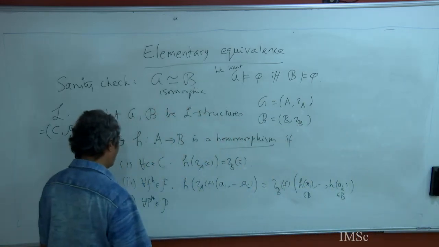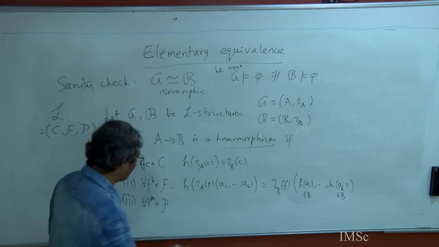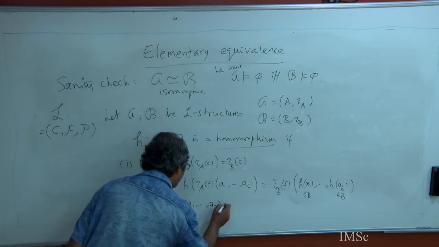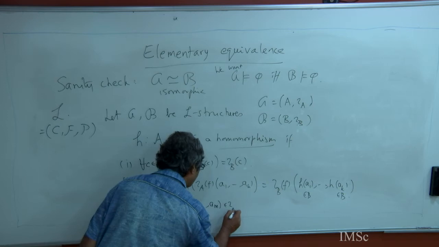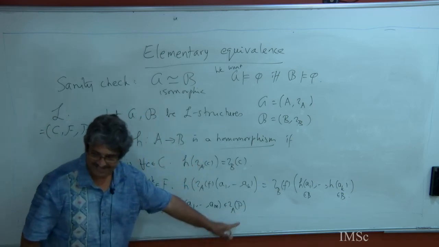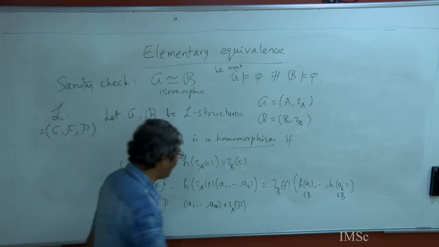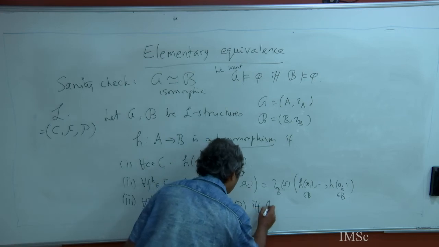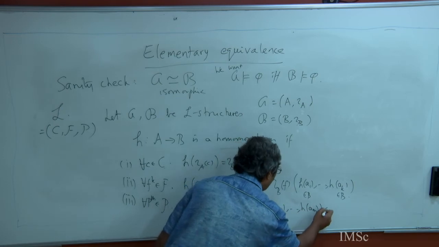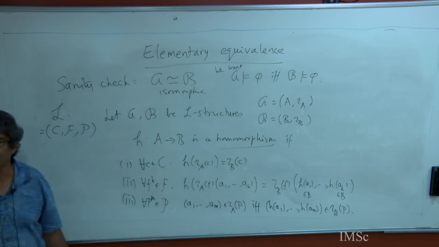So what you want here is that a1 through am belongs to this m-ary relation, this m-tuple belongs to the interpretation on the left hand side if and only if h of a1, through h of am belongs to the interpretation of P on the right hand side.